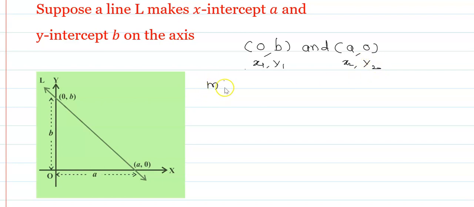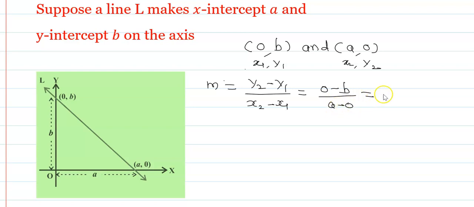Find out the slope of the line. m is equal to y2 minus y1 upon x2 minus x1. Substitute the values: 0 minus b upon a minus 0, and that's equal to minus b upon a. Therefore, m is equal to minus b upon a.